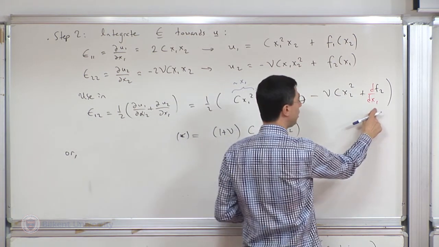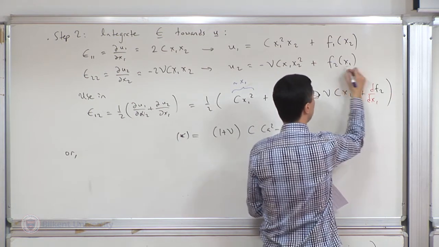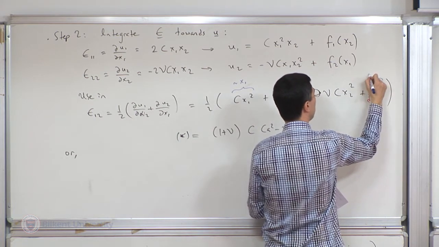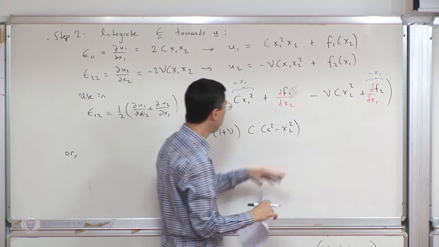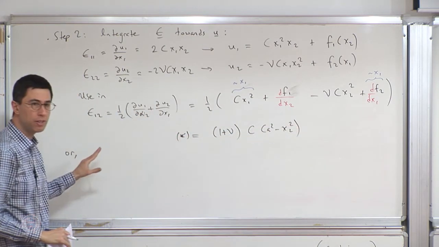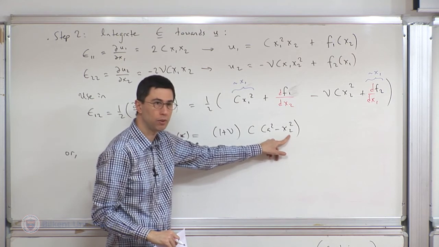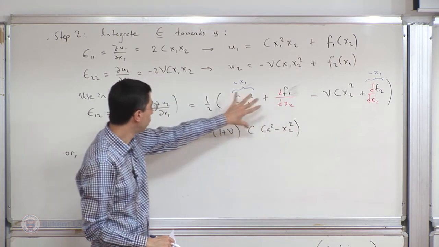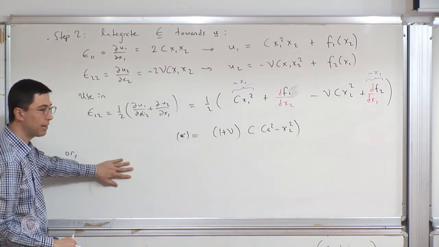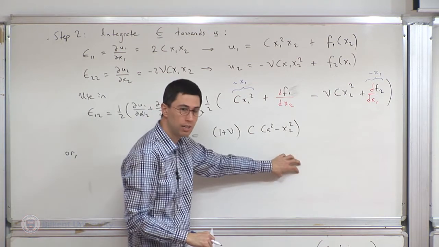Similarly, this here is a function of x1 only. And if you look at what remains, everything is at most a constant or a function of x2 only. So first I'll write terms that have to do with x1, and then I'll write everything else.